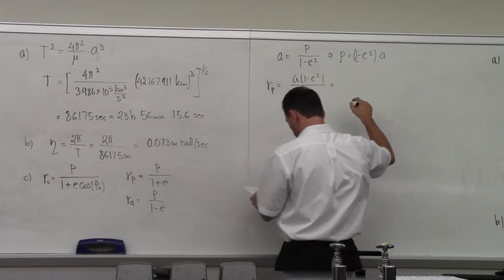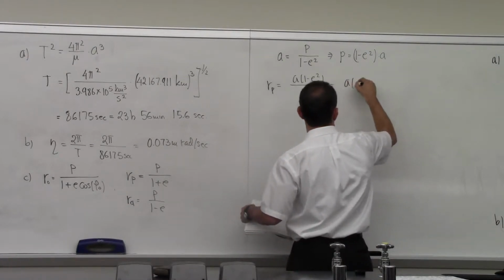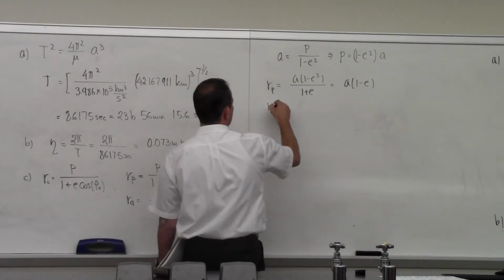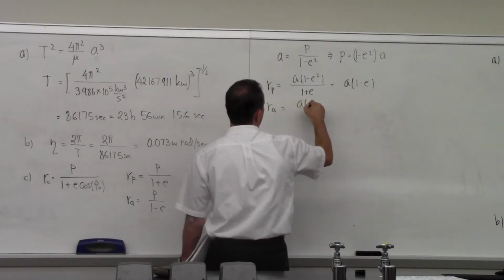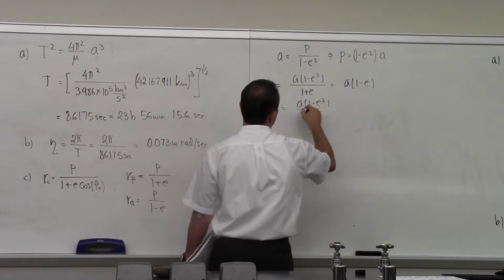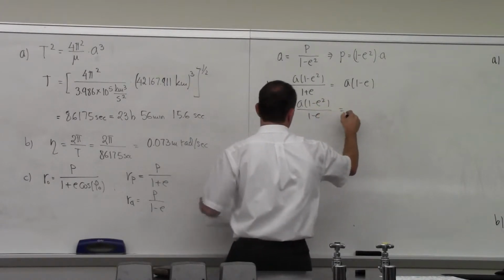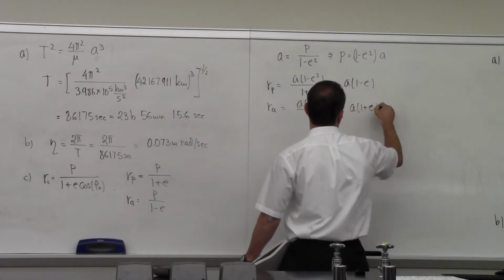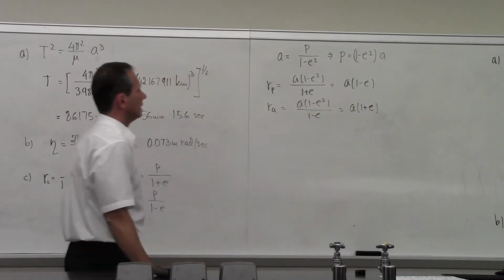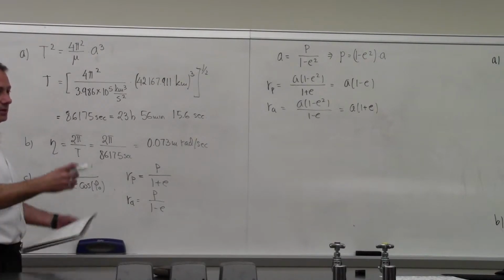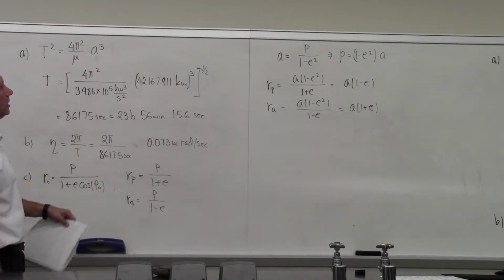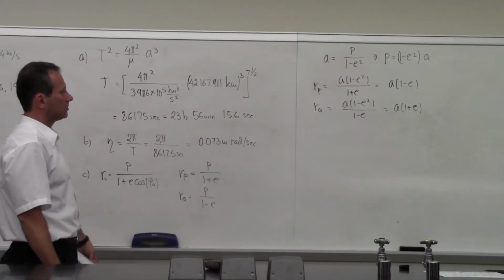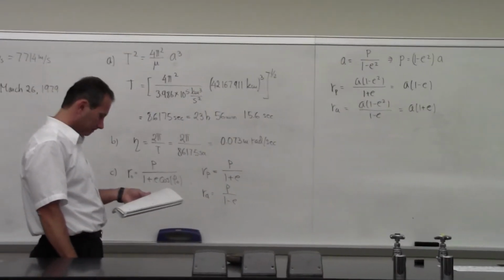And this gives you essentially a times 1 minus e, that's the distance to the perigee, and then our apogee was a times 1 minus e squared divided by 1 minus e, which is equal to a times 1 plus e. Another interpretation of eccentricity tells you how much is pushed in at the perigee point and how much you are expanded at the apogee point.